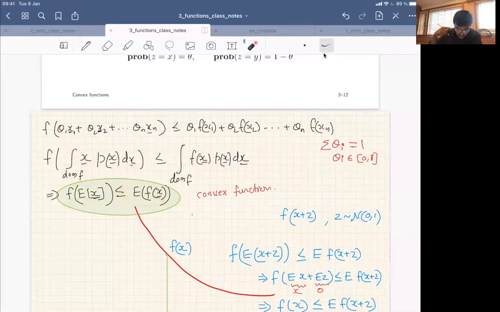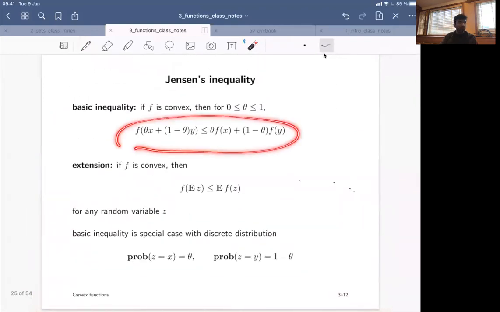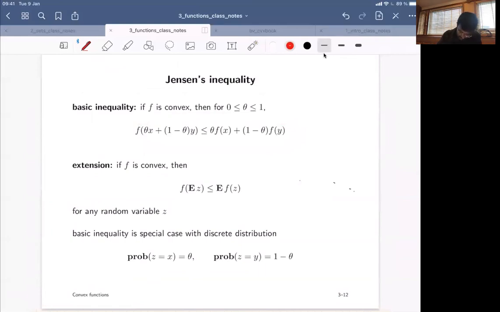If you apply Jensen's inequality for a convex function, then we start from here, right? So this should have the opposite direction for a concave function. So just remember one case, for example the convex case, and if you forget what it is, you can easily derive it from this. Just write the inequality of convexity. A basic inequality is a special case, let's say we have a discrete probability distribution, where this is one probability, and this is the other.